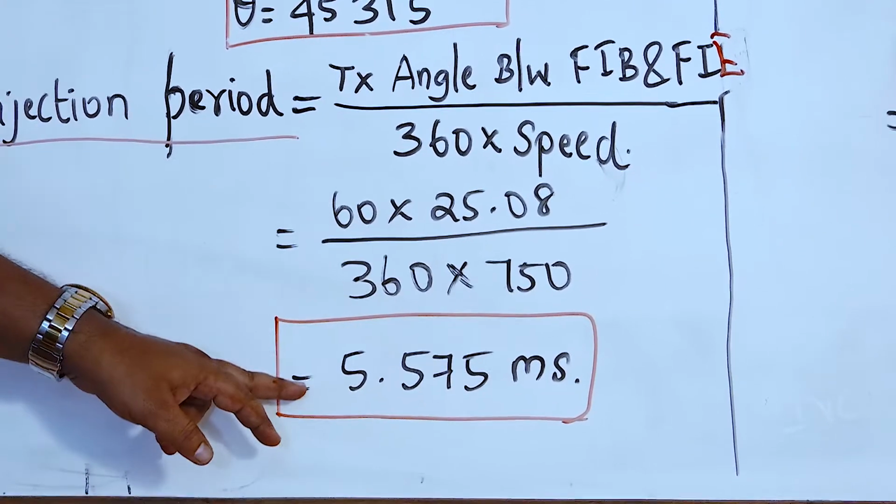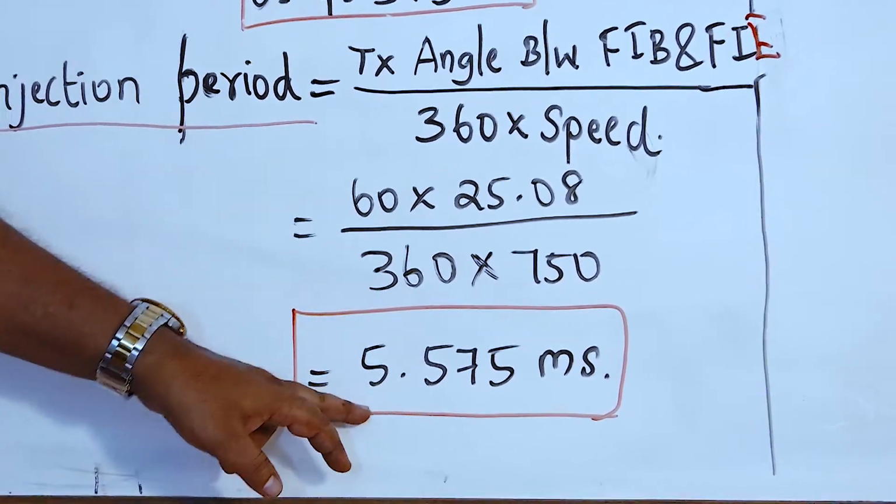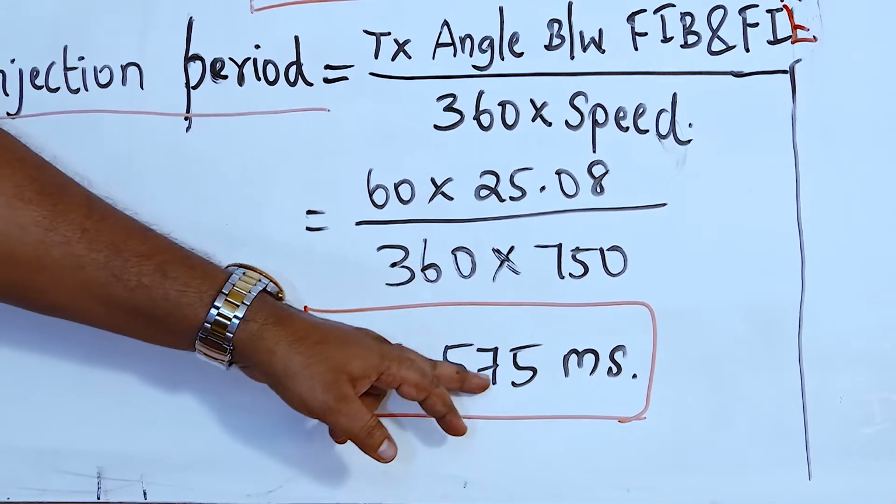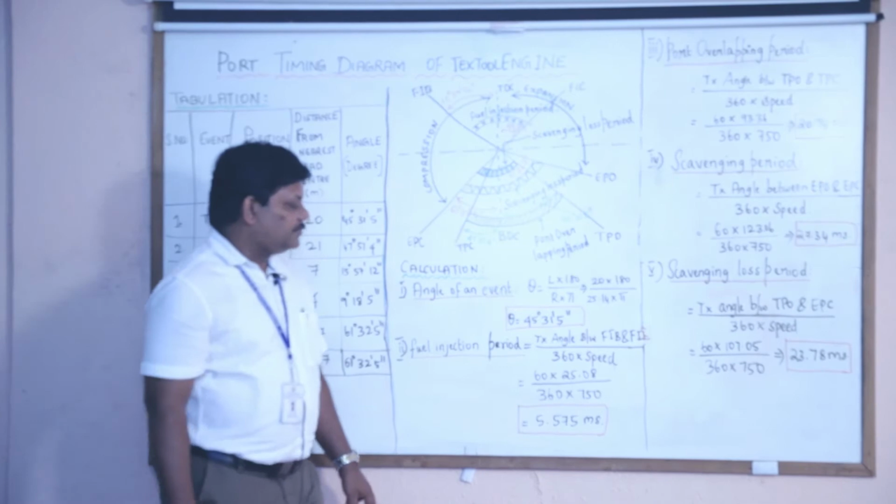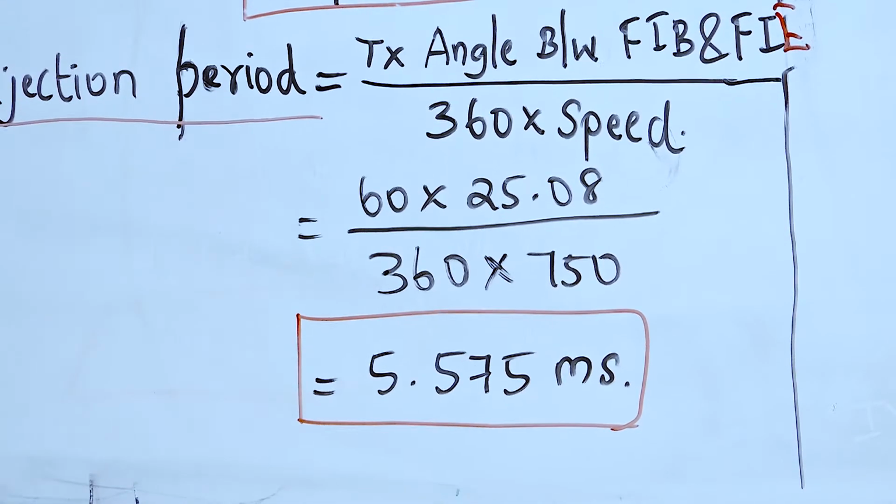On calculation, you get 5.575 milliseconds, or 5.575 into 10 power minus 3 seconds.